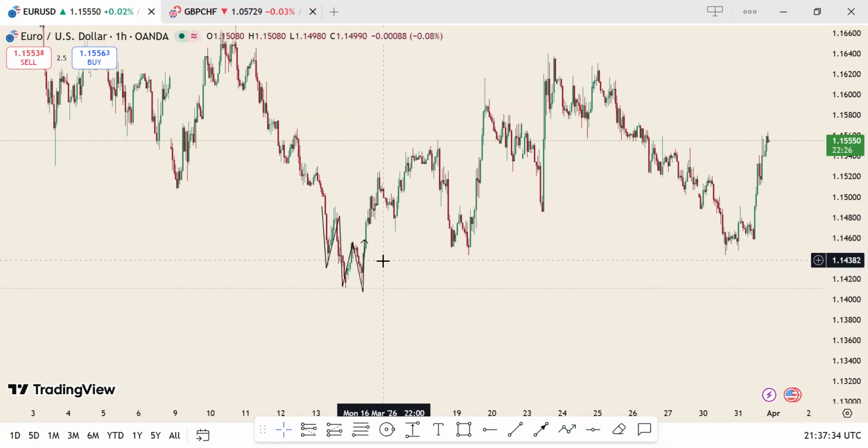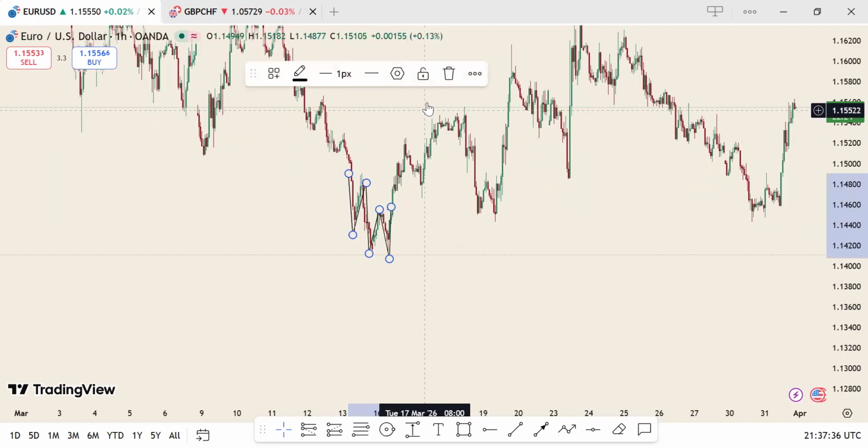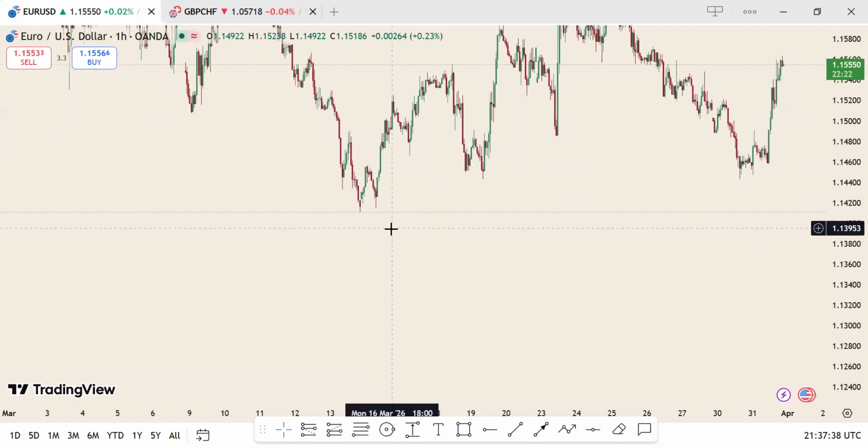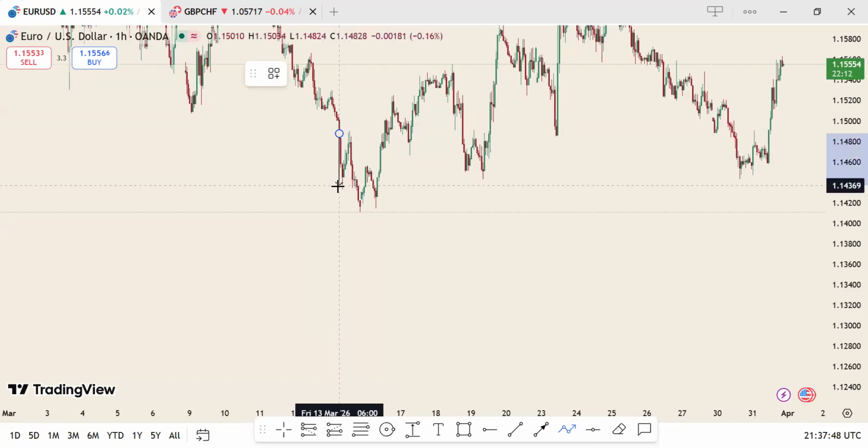Now, if the wick of that low is in contact with the wick of your protected low, most likely just assume it is one low. So I'll just say this is my sweep. Okay, so this is one low.